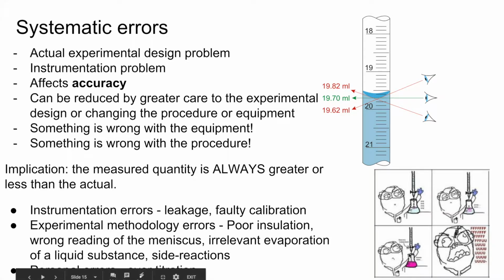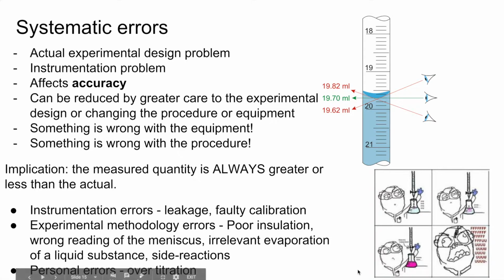So there's something wrong with your procedure. Why did you think that this is the endpoint? This is the endpoint, light pink. If you keep doing it so that your endpoint is the really dark pink, then obviously your calculation will be inaccurate. It's going to be far from the true value.